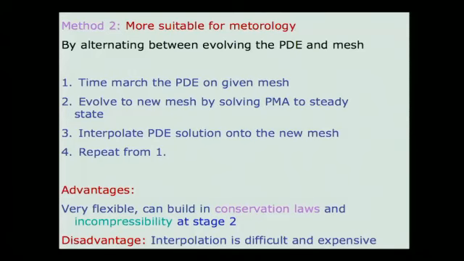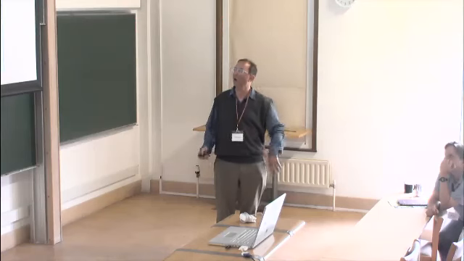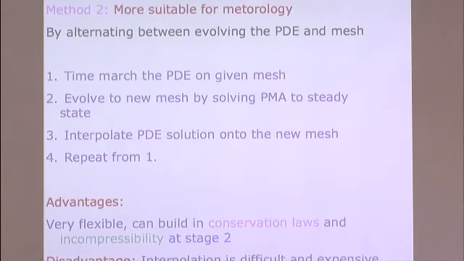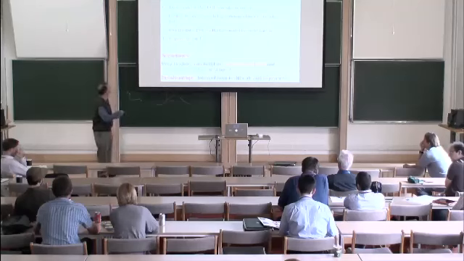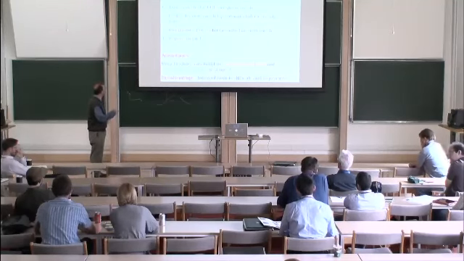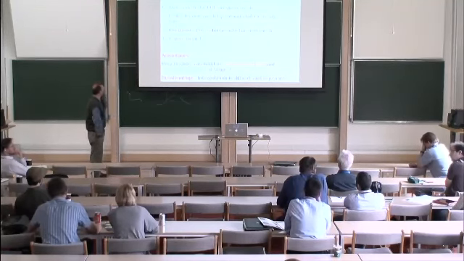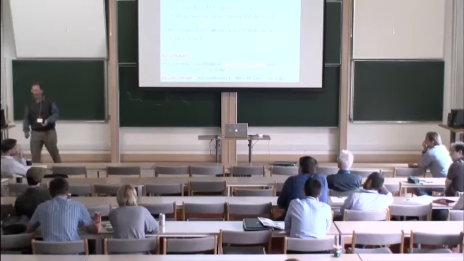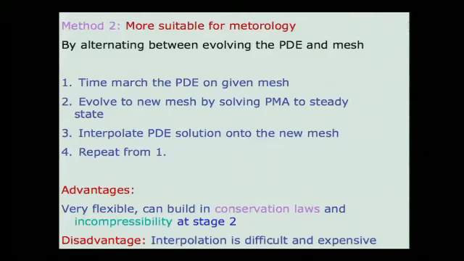You freeze the PDE and you evolve the mesh forward in time so that it becomes fitted to that PDE. And then you interpolate the solution of the PDE onto that new mesh. So this is a fairly straightforward method, and you repeat from this. This is the method that people like Sweby, Huang and Russell, Tao Tang and so on, or John Mackenzie and so on have used to great effect.